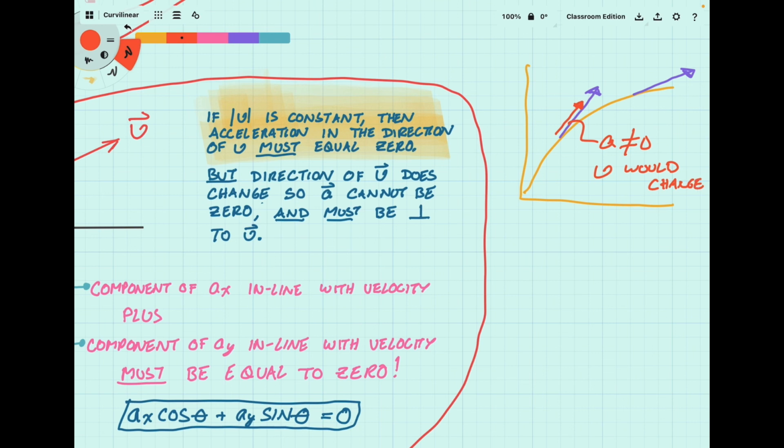If you have an acceleration in the direction of travel, the velocity magnitude is going to increase. And we know it doesn't increase. So the portion of acceleration, the vector component that lies in the tangent path, has to be 0. So if we can come up with an expression for that vector component, then we've got the extra part that we need to solve the accelerations.